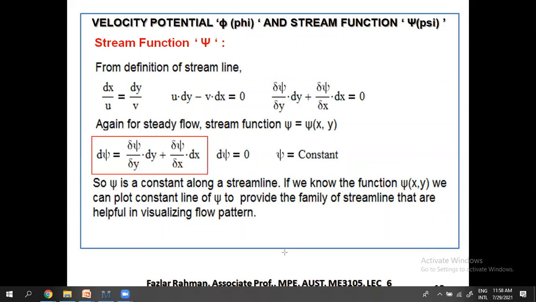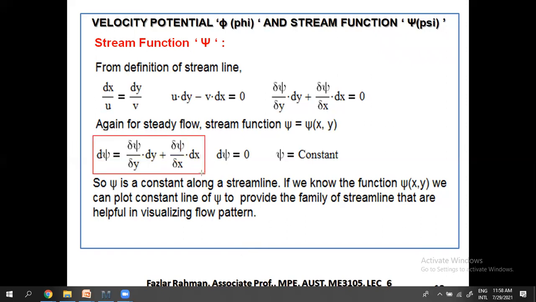Similarly, we know that phi, the potential function, equals a function of x, y, z, right? So similarly, we can figure out the value of d phi by a similar formula. So what is our intention over here? Our intention is to figure out how the stream function looks along a streamline.